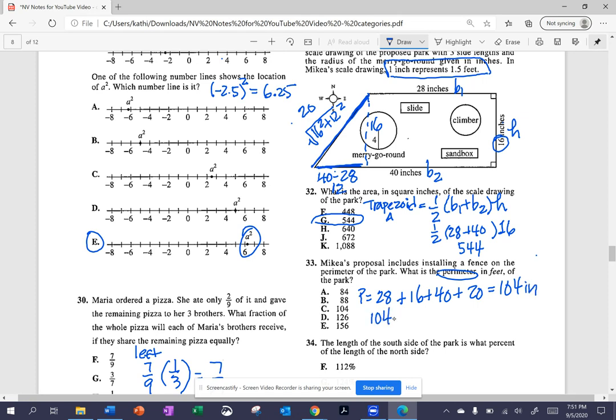And now I need to change units. So I have 104 inches, and up here 1 inch equals 1.5 feet. So multiplying 104 times 1.5 feet, I get 156 feet.